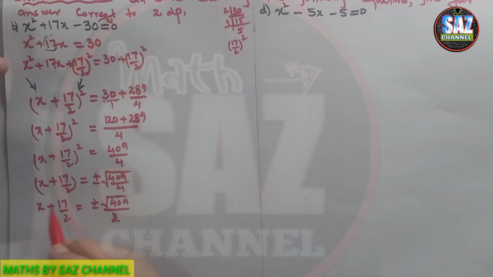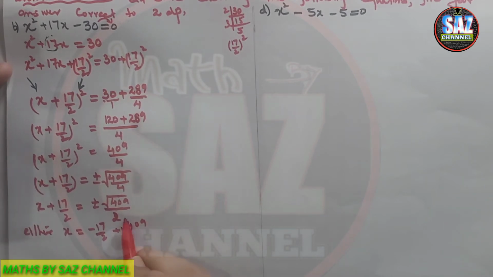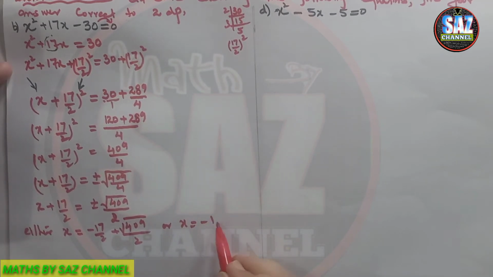In order to get the value of x, at this stage I have to apply either x equals minus 17 by 2 plus square root 409 by 2, or x equals minus 17 by 2 minus square root 409 by 2.